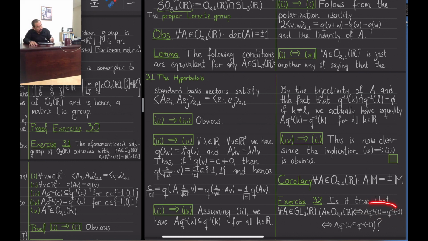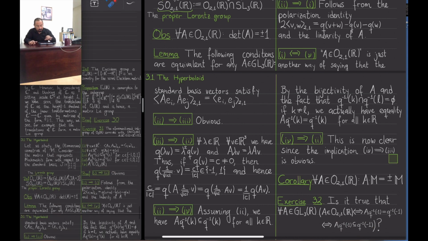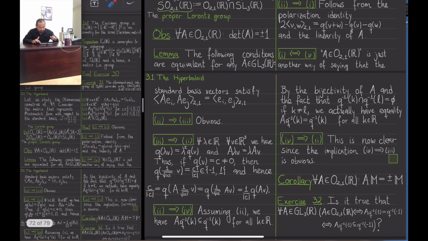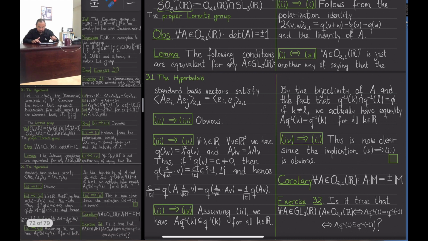And can this be weakened, apparently, by an argument similar to the argument with which I proved 2 implies 4, so that one only needs to check this condition? So I leave it as an exercise. I don't find it so easy to solve, at least not at this point. So I think this is a good, challenging exercise.